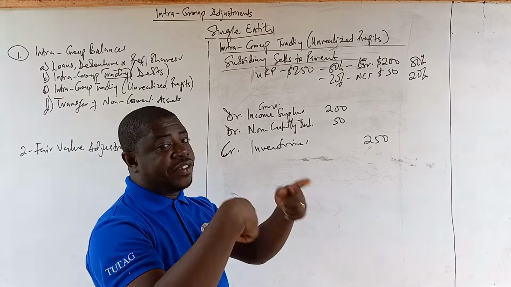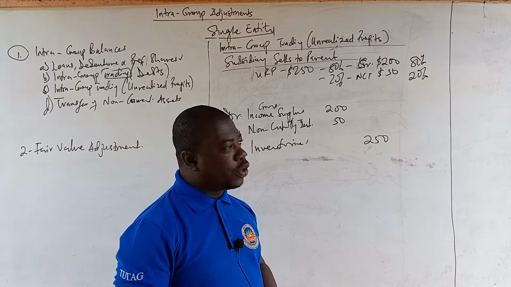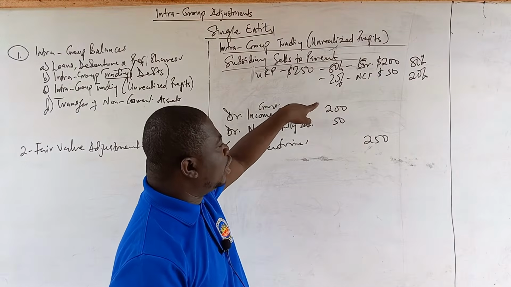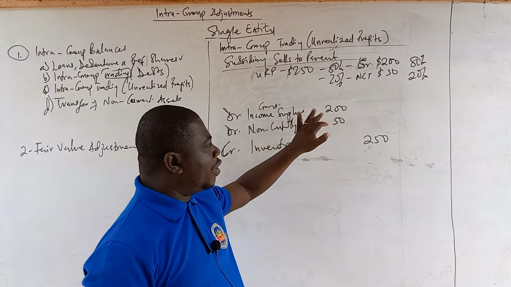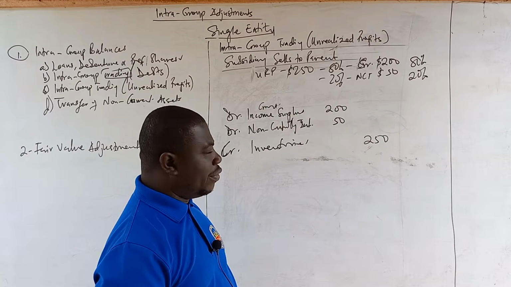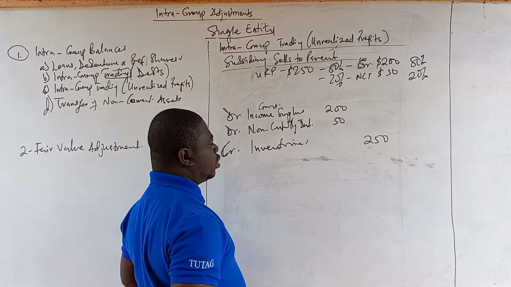And so when you are doing a reversal of the unrealized profit, you don't reverse all from the group income surplus. You reverse the percentage holding of the unrealized profit. So you find the percentage, 80% of the unrealized profit, which in this case will be 200 out of the consolidated retained earnings, and then 50 goes out.